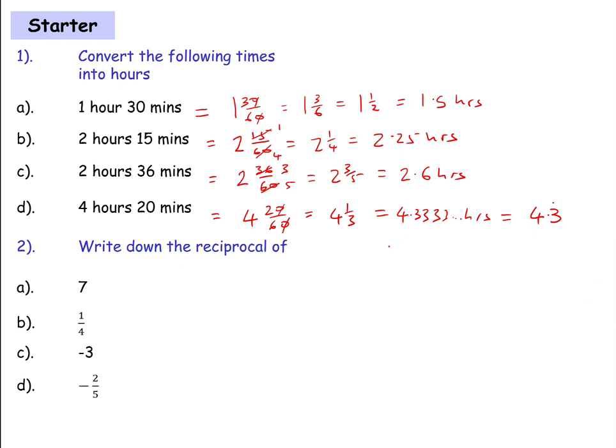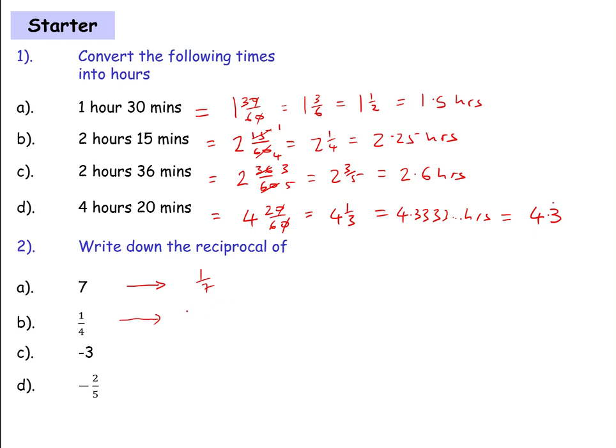Reciprocal means 1 over. So basically we're flipping the fraction. So the reciprocal of 7 is given by 1 over 7. That's it, as simple as that. Same thing with the reciprocal of 1/4. We flip it, it's 4 over 1, which is just 4.